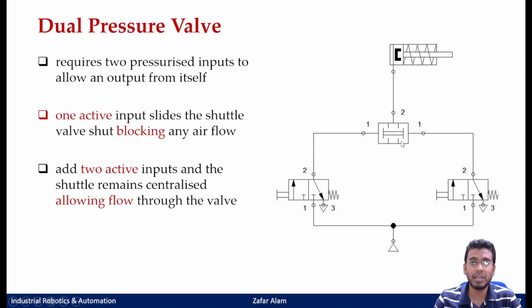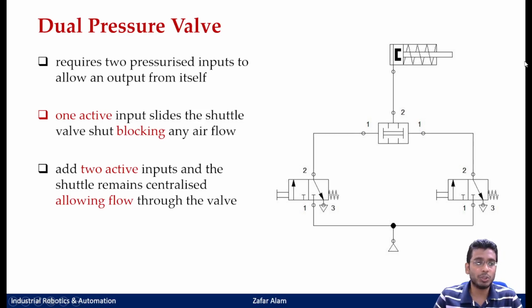So you will not have any outward movement of the fluid either towards the cylinder or to the other input element. So when you have two pressurized lines coming from both the elements, then this would actually keep this spool in the centralized position, and then your fluid from this side would just go like this, and from this side also they would take and go like this, and then it would extend the cylinder.